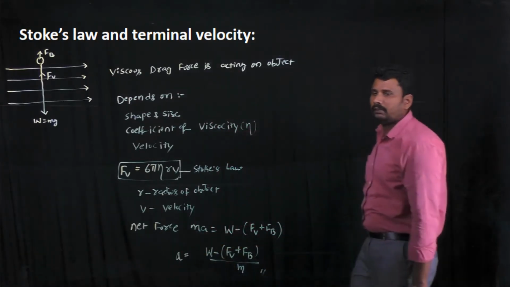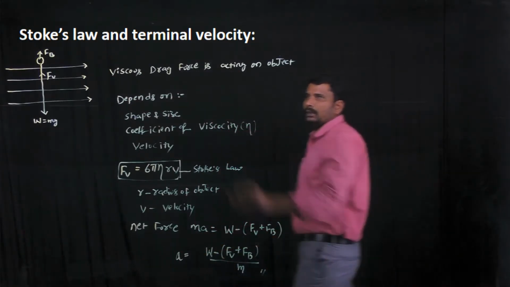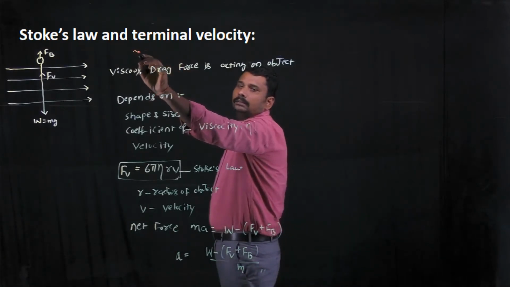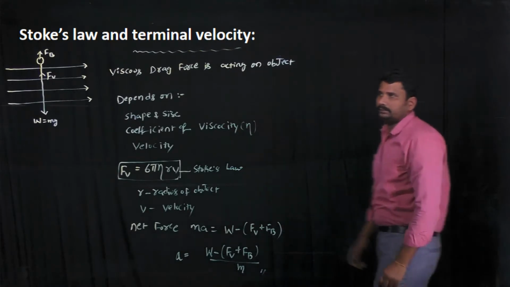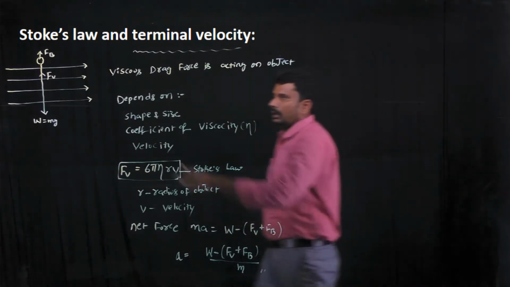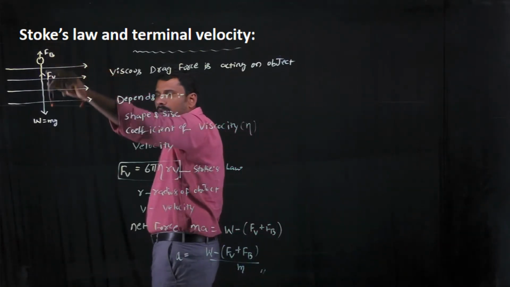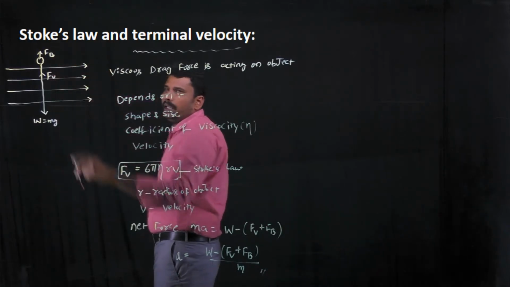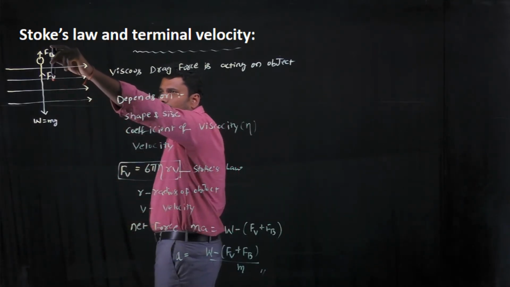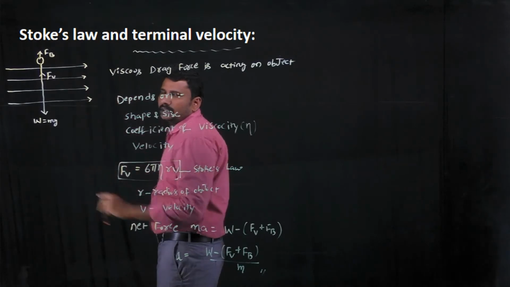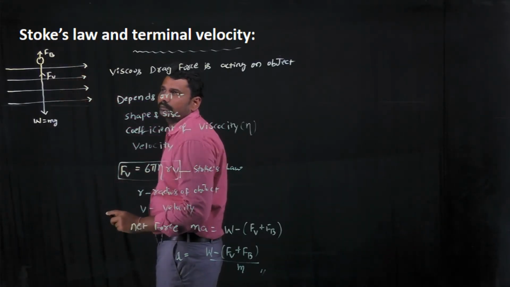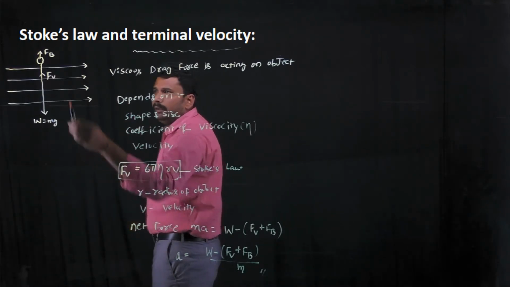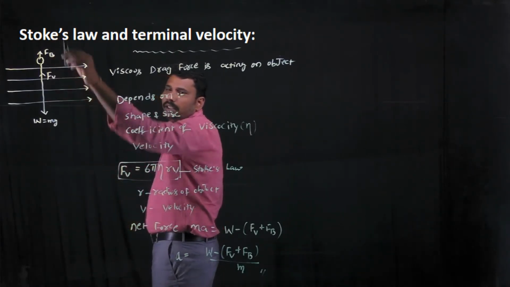Now, terminal velocity. Terminal velocity means when an object moves through the fluid in the downward direction, its velocity gradually increases. The object's velocity on reaching the ground gradually increases. At the same time, the viscous drag force also increases.